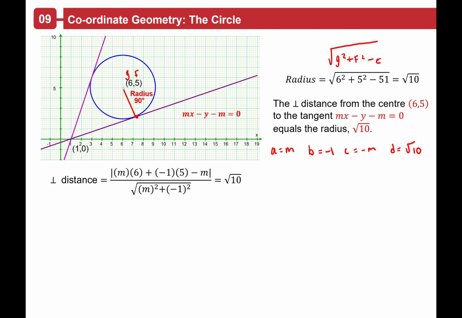Okay, so substituting this into my perpendicular distance formula gives me the absolute value of m times 6 plus minus 1 times 5 minus m over the square root of m squared minus 1 squared is equal to root 10. Okay, and from here I want to solve my equation.